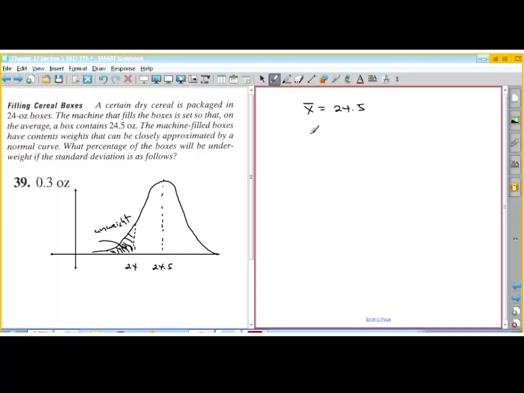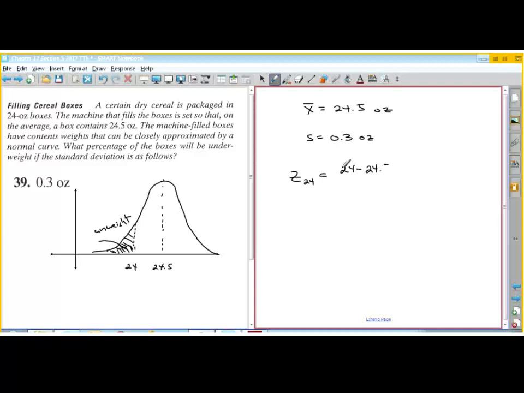We know that x bar is 24.5. We know the standard deviation is 0.3 ounces. So what we do is we find the corresponding z-score to 24, which is the limit that sets where underweight is.